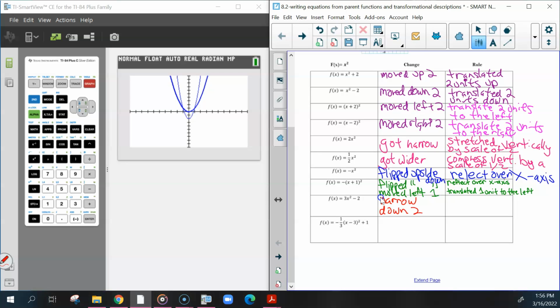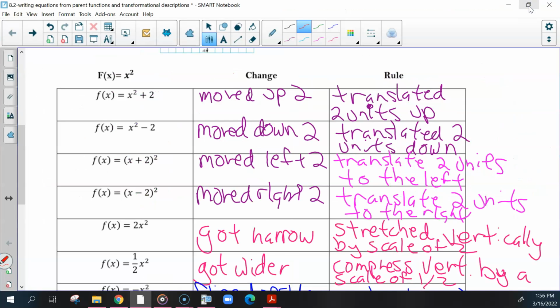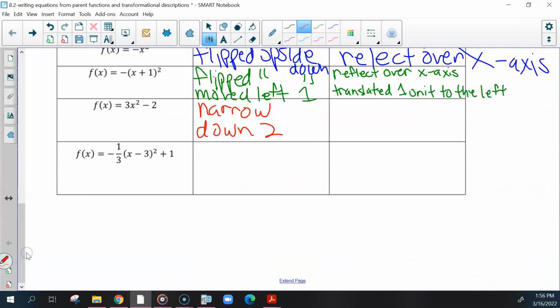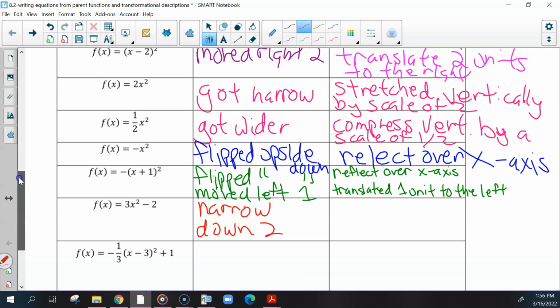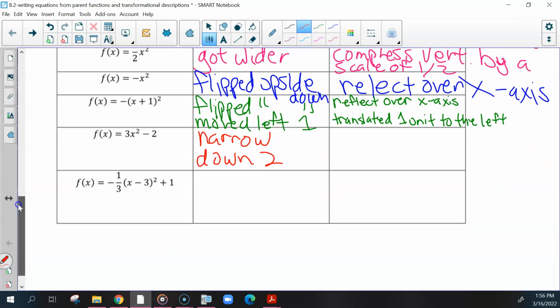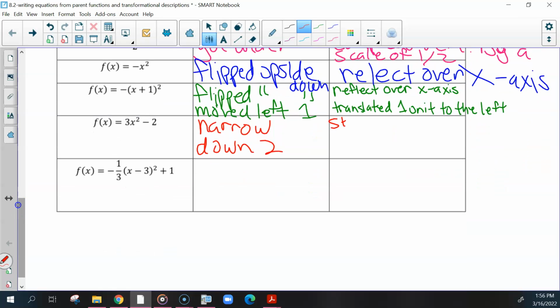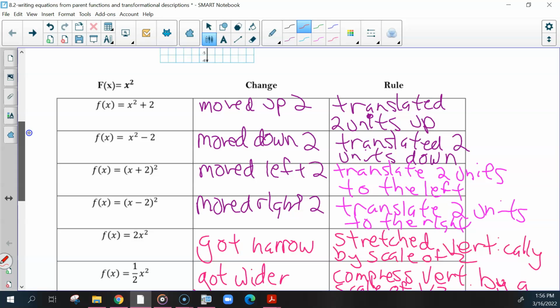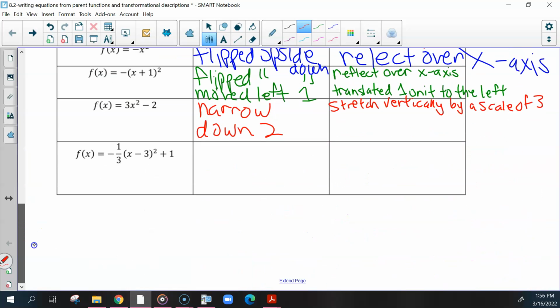To put both of those rules, if I go back, whenever it got narrow, that was a stretch vertically by a scale of whatever it was. So this would be a stretch vertically by a scale of 3. And then down 2 would be a translate down 2.